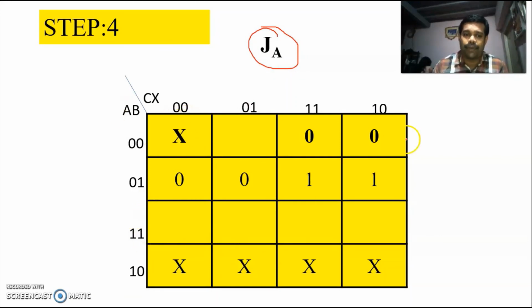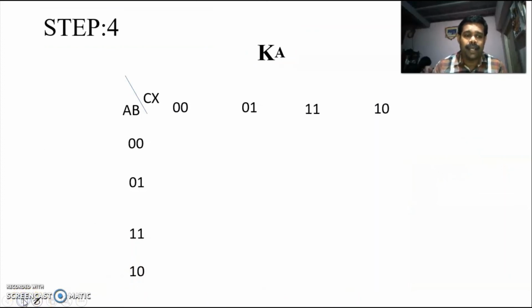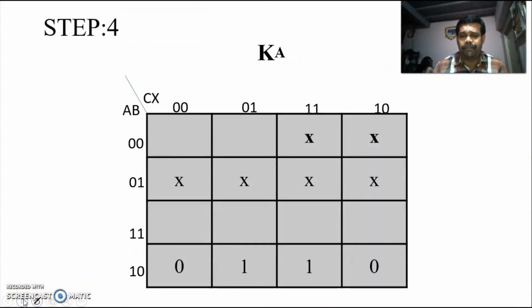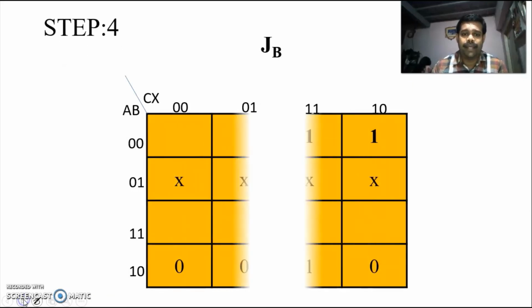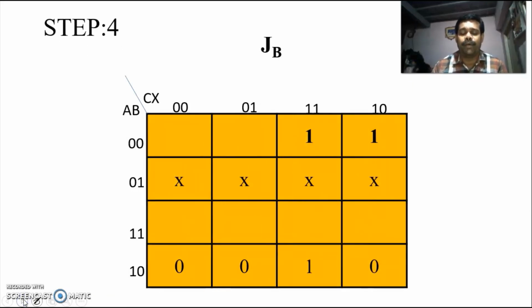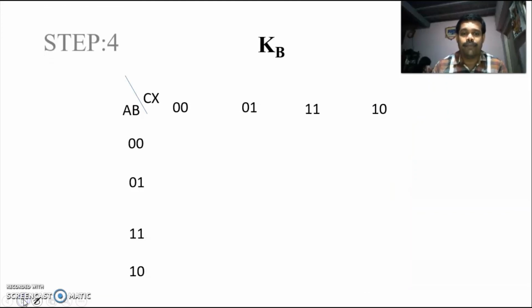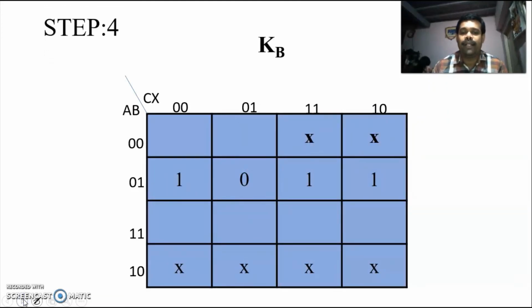By looking at the column of JA, we have just plotted the ones, zeros, and X. Similarly, for KA, we have just plotted X, zeros, and ones. Similarly, for JB, we have entered the 1, 0, and X of the particular column. Similarly, for KB, we have entered only the X, 1, and zeros.